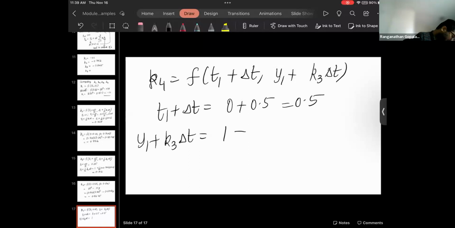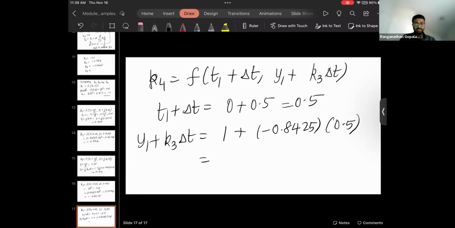That is 1 plus k3, which is minus 0.8425 multiplied by 0.5. So this must be 0.5788.